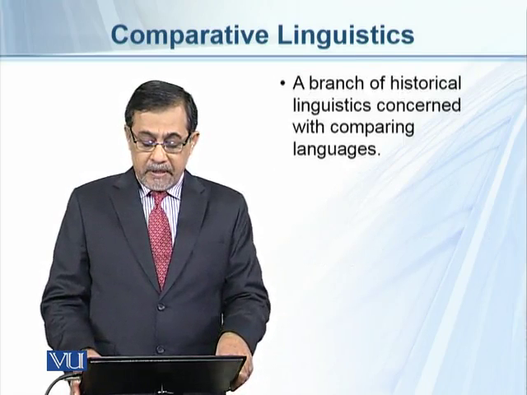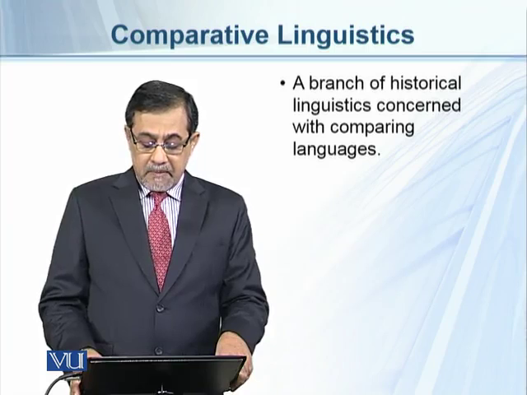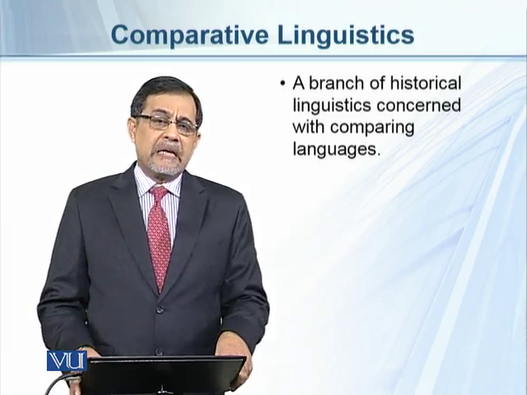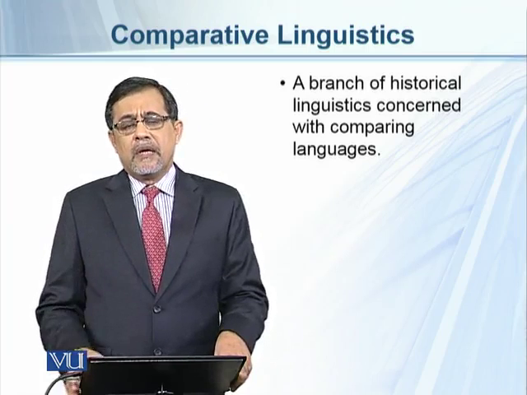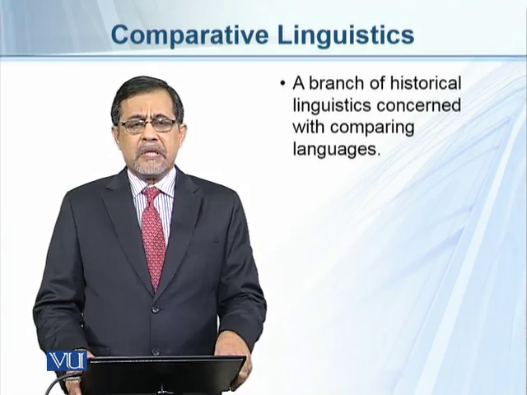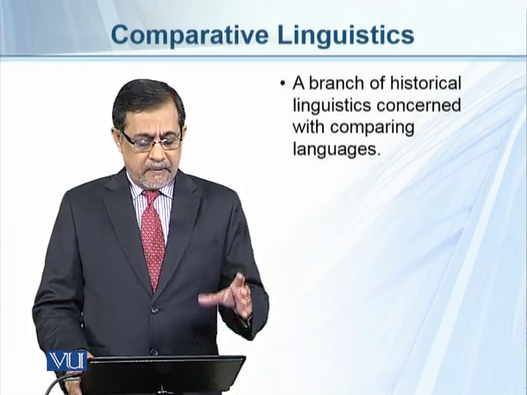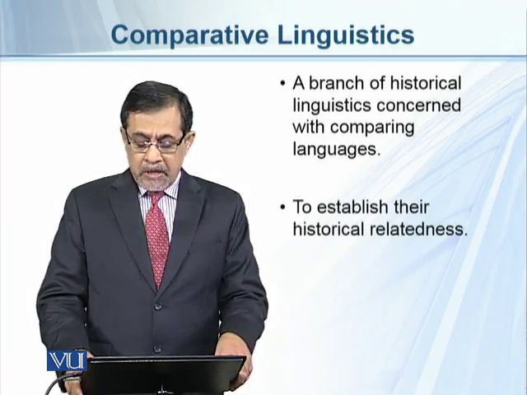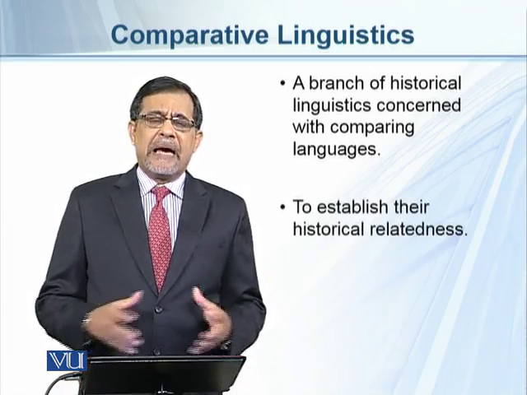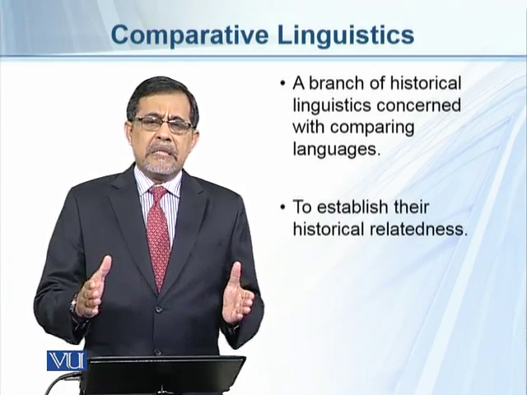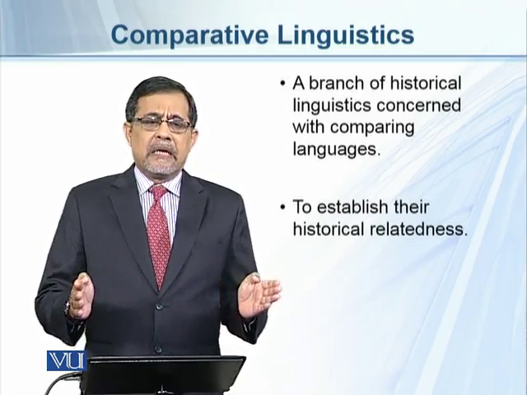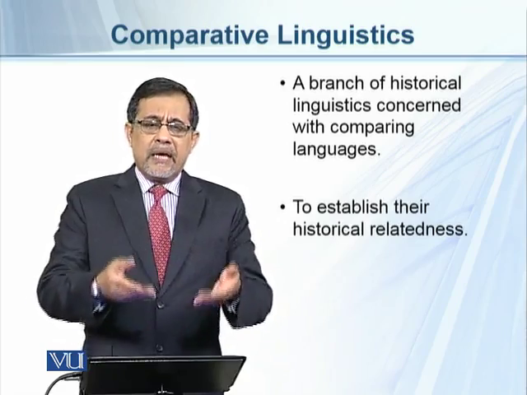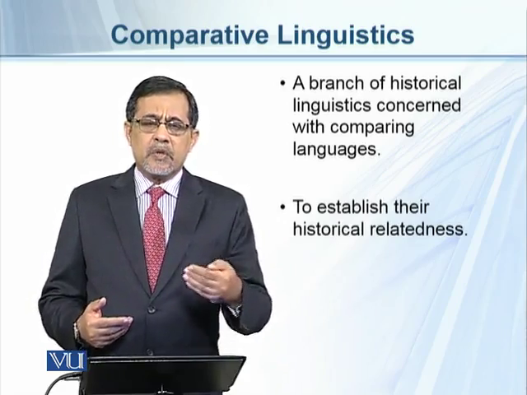It is a branch of historical linguistics concerned with comparing languages, which studies the histories of languages to establish their historical relatedness. So in comparative linguistics, we see how languages have at some point in time been together, or have come from similar sources.